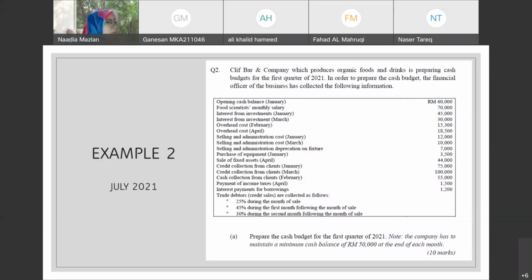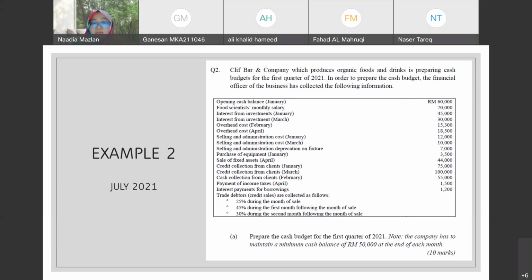In order to prepare the cash budget, the financial officer of the business has collected the following information: opening cash balance in January, monthly salary, interest from investment, and trade debtors as well. For 10 marks, prepare the cash budget for the first quarter of 2021.